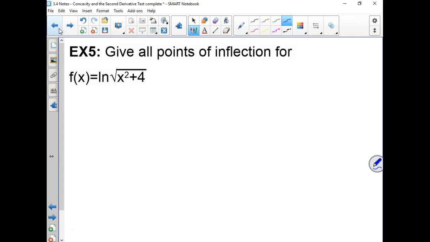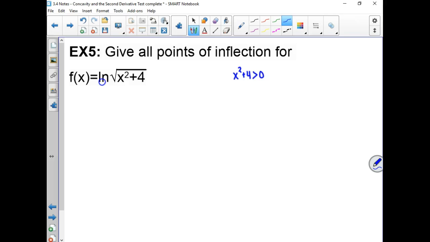So we are looking for all the points of inflection for natural log of the square root of x squared plus 4. The first thing we need to check here is to see if we have any limitations on our domain, because we have a square root here. We also have a natural log. So x squared plus 4 has to be greater than 0.